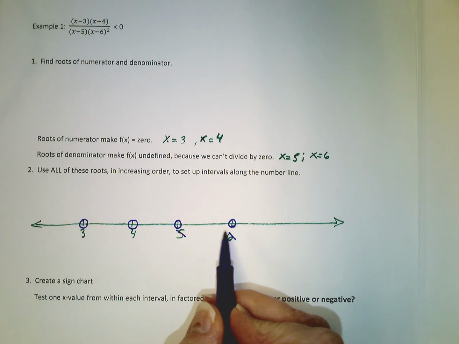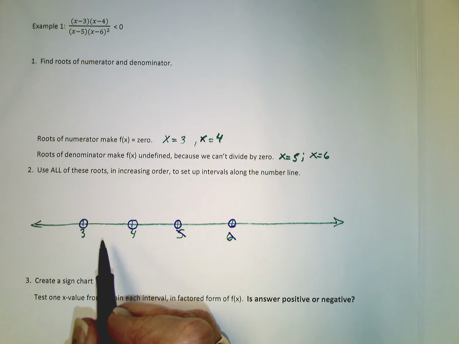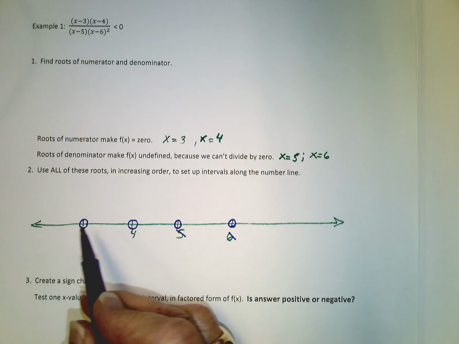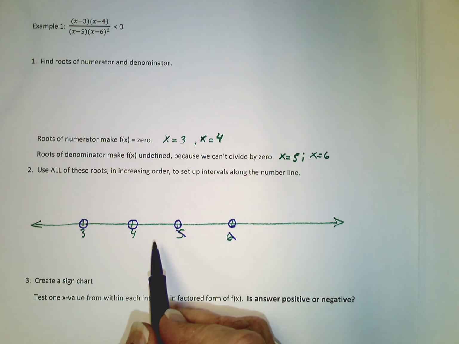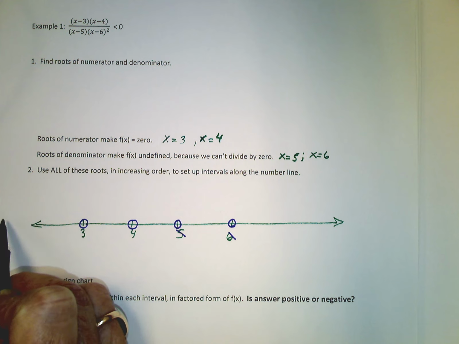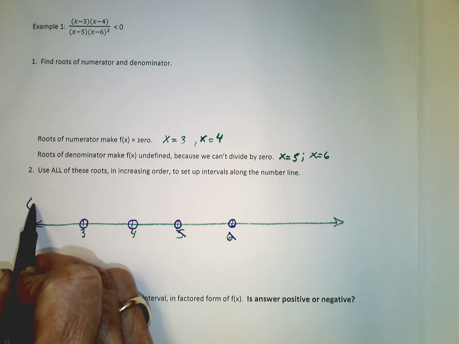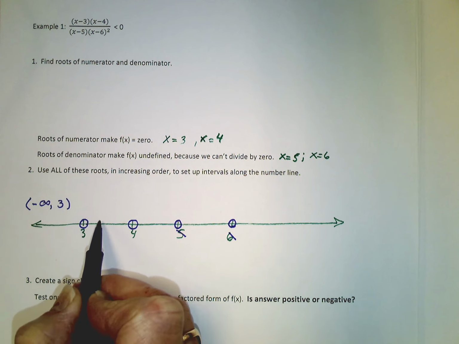Okay, now these 4 numbers, even though we're not going to be allowed to use any of them, break the number line up into 5 separate intervals. However many roots we have, we should have one more interval. So we're going to have an interval here from 3 on down forever. So we're going to have negative infinity to 3. We're not allowed to use the 3.